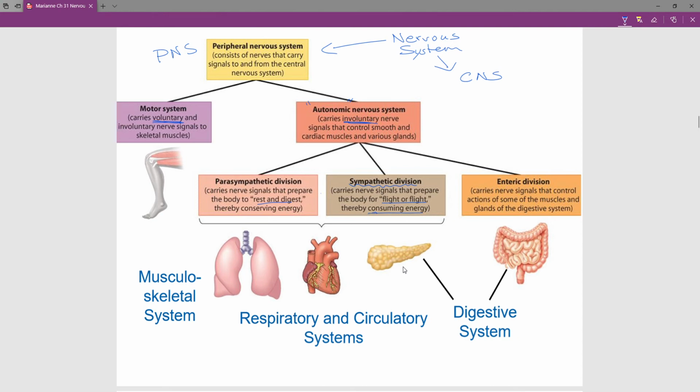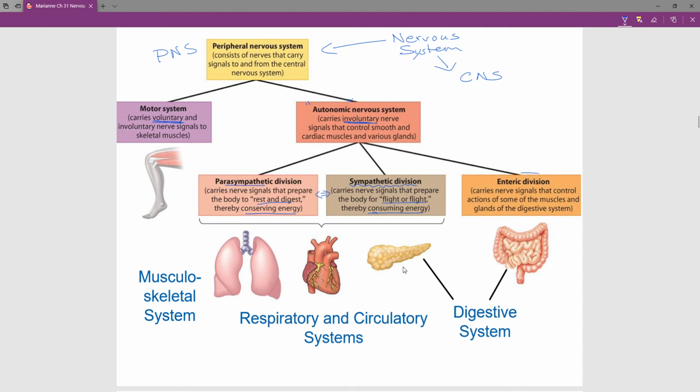In balance to that, we have the parasympathetic nervous system, which is like the chill out system, the opposite of the fight or flight, the rest and digest. It basically conserves energy. And so we have these two components of our automatic nervous system that help maintain homeostasis.